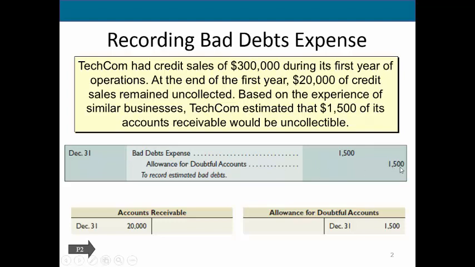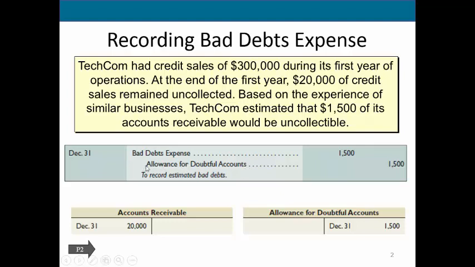Again, we don't know if it will be customer A, B, or C that ends up being uncollectible. So we cannot go ahead and write down that account receivable, because again, we don't know which receivables we'll end up not getting. But what we do know is that we expect in total that $1,500 will not ever be paid to us. So we put in this holding account, the allowance for doubtful accounts.